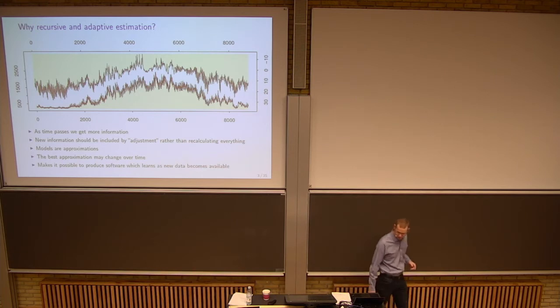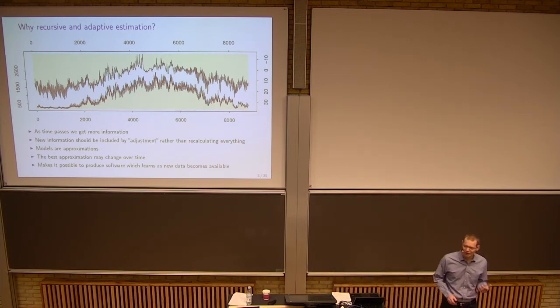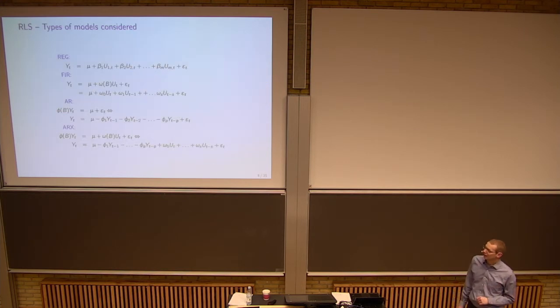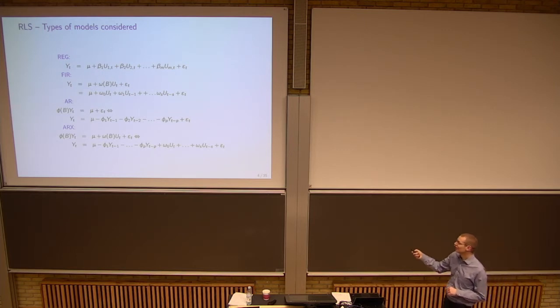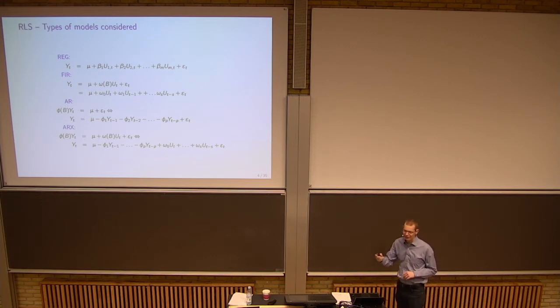And whenever you want to develop something for real-time applications, you want to learn whenever new data becomes available. So stepping backwards, what have we been doing? We've been doing ordinary regression models, just to get a common basis.